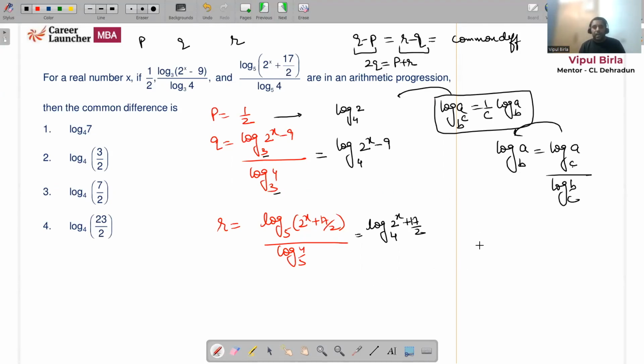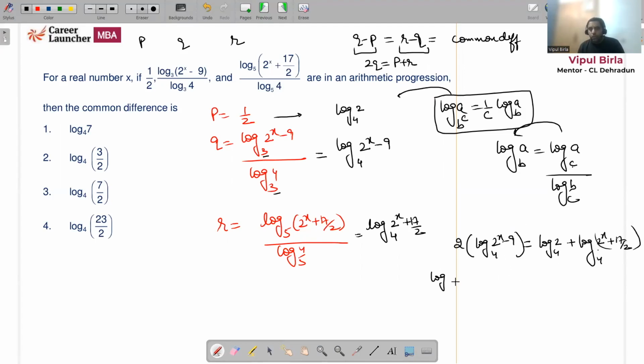So let's try and write this. Twice Q is equal to P plus R, right? So this 2 will become a power of this.